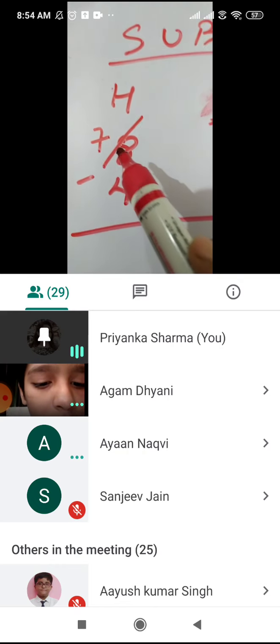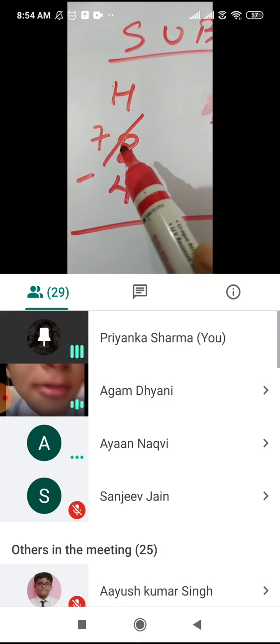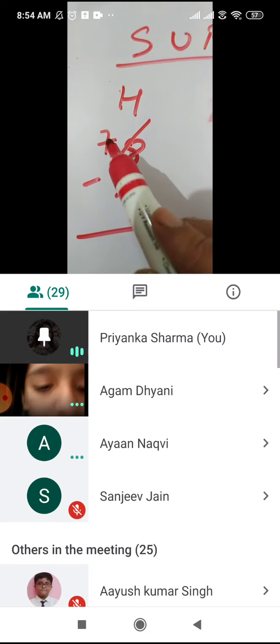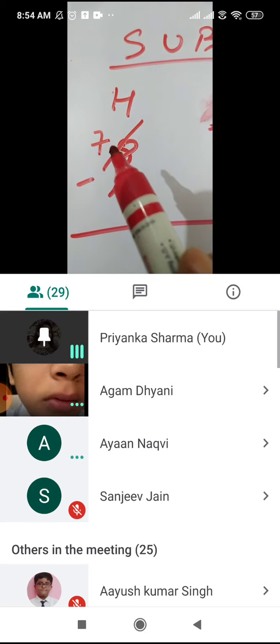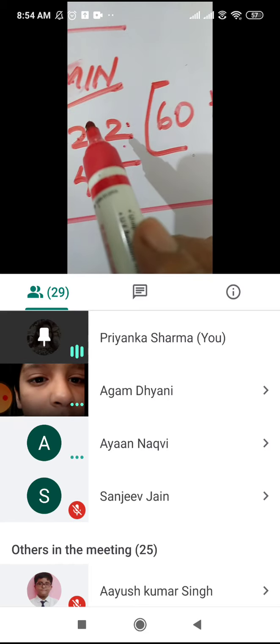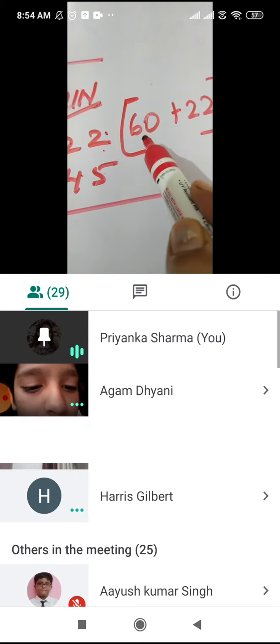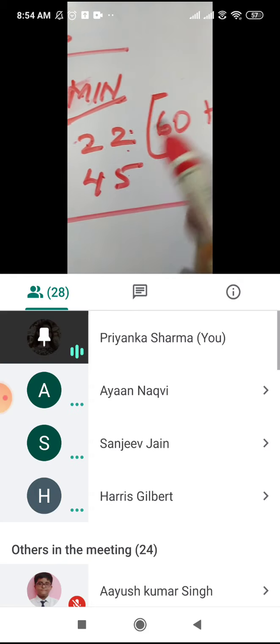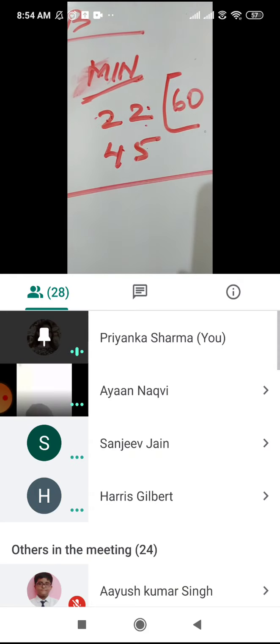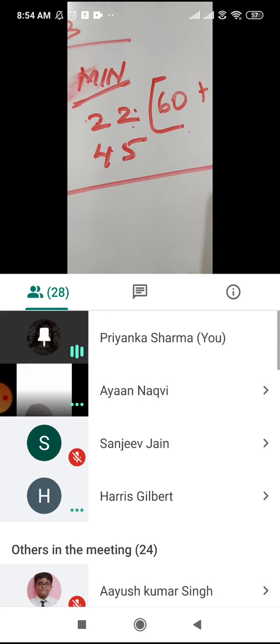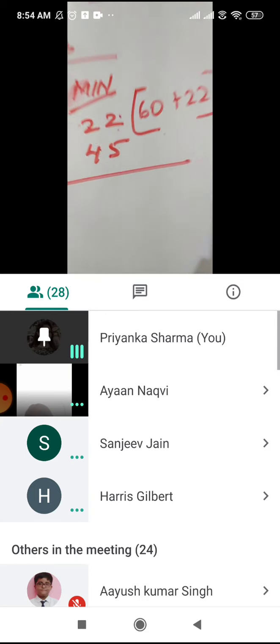We are borrowing 1 from our column, right? So when we borrow 1, that means how many minutes are we taking? 60. So we have added 60 minutes to 22. Now it has become 82. So what is our new number?